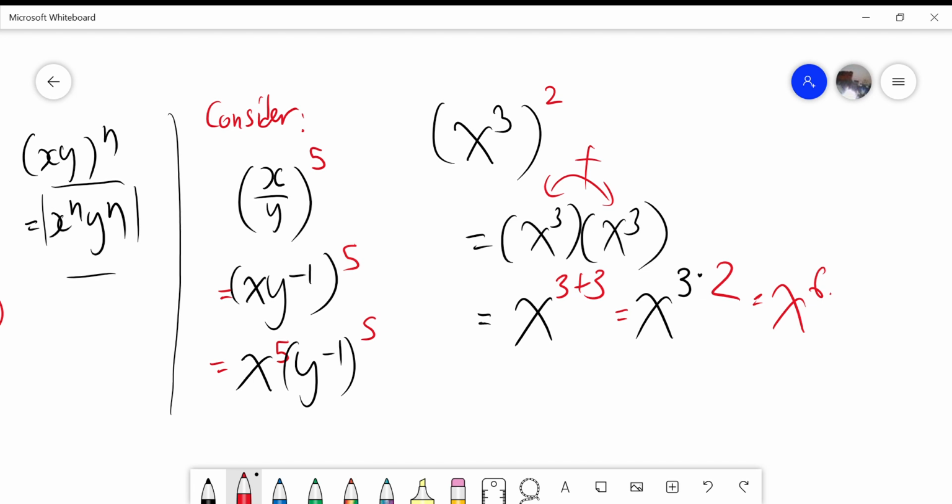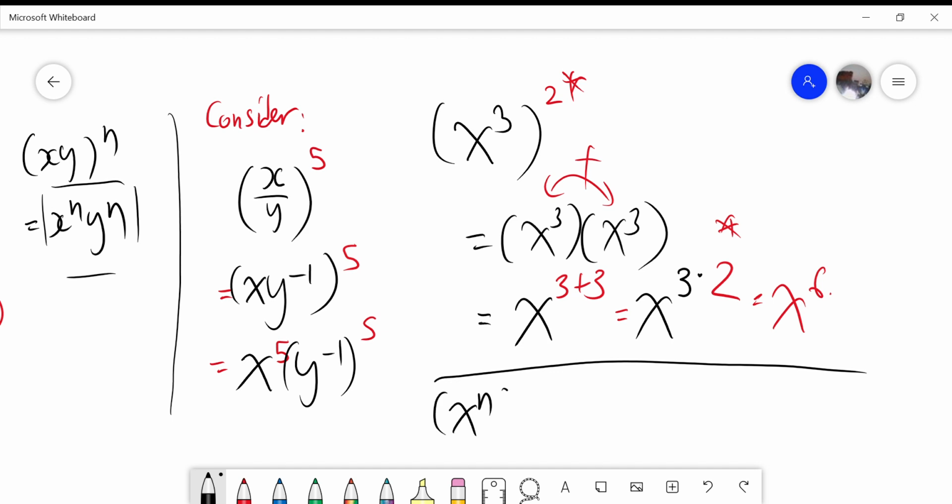And you notice that the 2 and the 2 here are the same. So therefore, we can conclude that x to the n raised to another power m (remember, this only works when there's brackets; otherwise, the rules are different) is actually equal to x to the n times m. And you notice that we just multiplied these powers right over here. So this is the rule we just used.